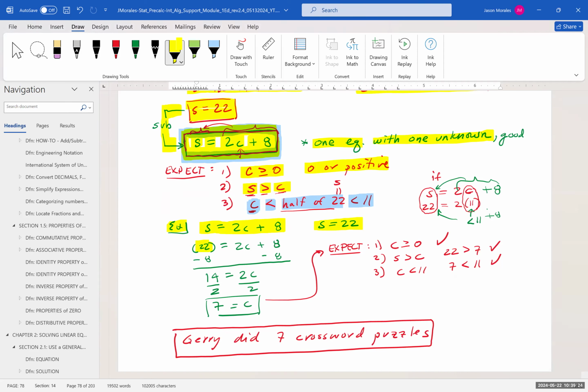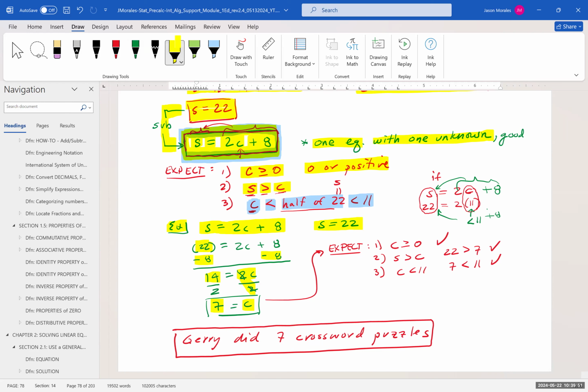We get 22 equals 2c plus 8. Subtract 8 from both sides. 22 minus 8 is 14. The 8s cancel, leaving us with just 2c. Then we divide both sides by 2, and the 2s cancel. So 14 divided by 2 is 7, and that should be equal to c.